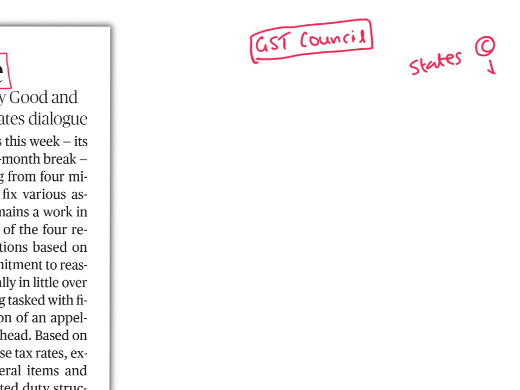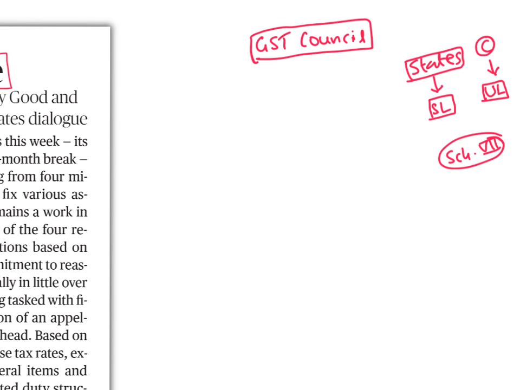The center used to charge taxes on items in the union list, and states used to levy taxes on items in the state list. This list is available in Schedule 7 of the Constitution. States had the authority to levy taxes on the items in the state list, and the center had the authority to levy taxes on the items in the union list.